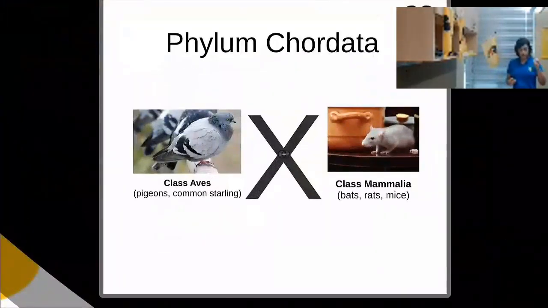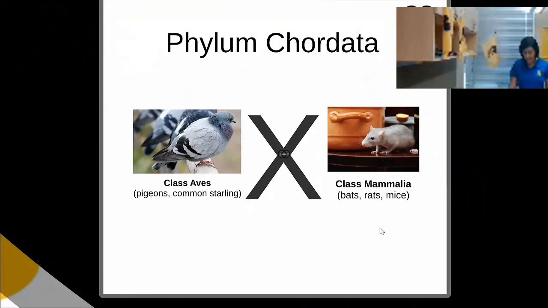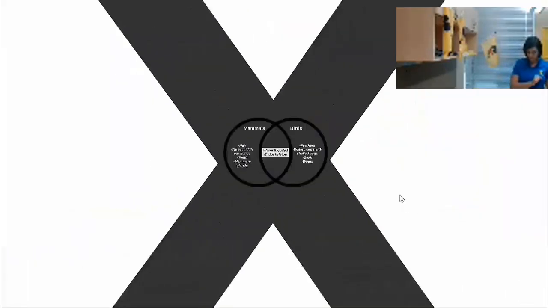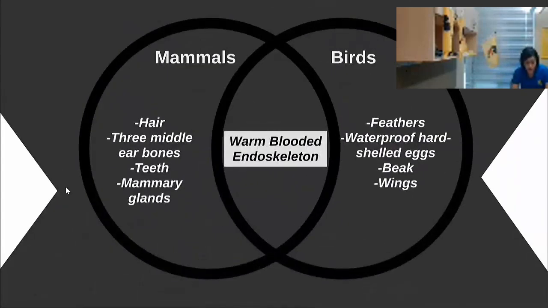Phylum Chordata: we have the birds, class Aves, and class Mammalia. So pigeons and common starlings, versus bats, rats, and mice. Mammals have hair, 3 middle ear bones, teeth, and mammary glands. And birds have feathers, waterproof hard-shelled eggs, beak, and wings.